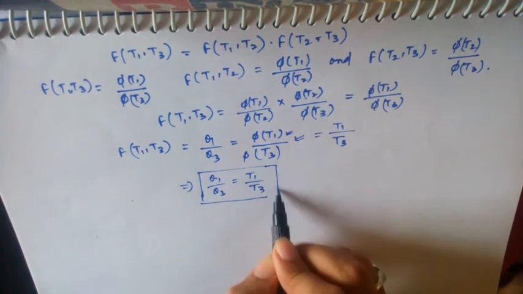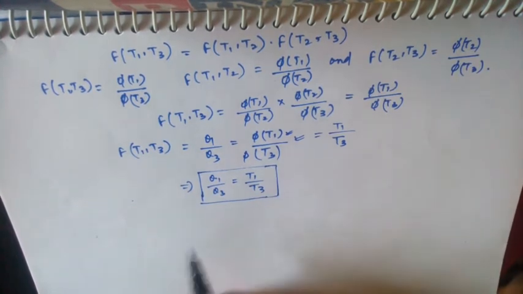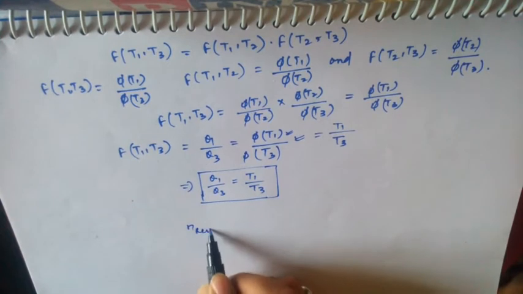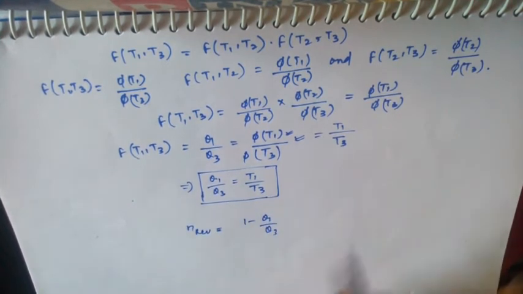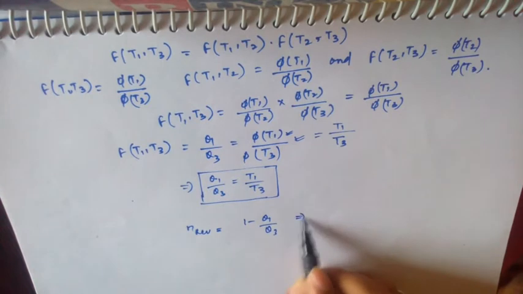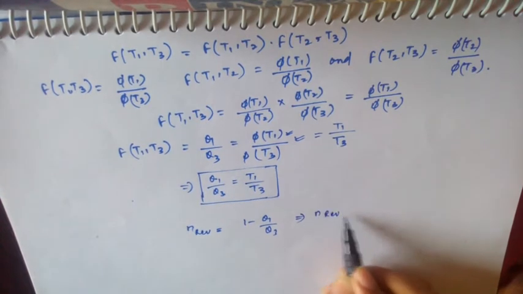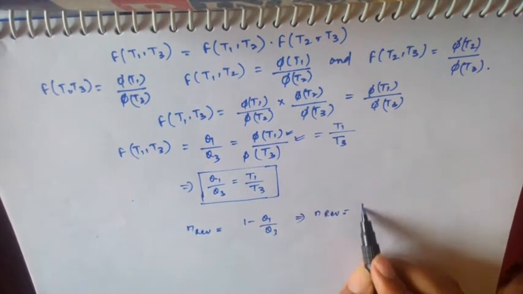Now one more interesting fact occurs from here. We know that the reversible efficiency is equal to 1 minus Q3 upon Q1. Now this implies the reversible efficiency is equal to, since Q1 upon Q3 is equal to T1 upon T3, 1 minus T3 upon T1.